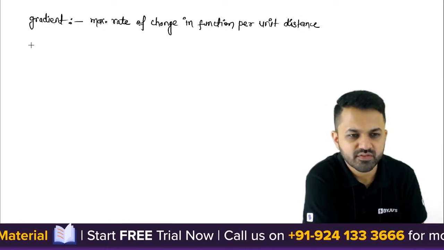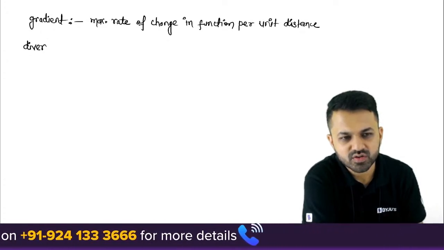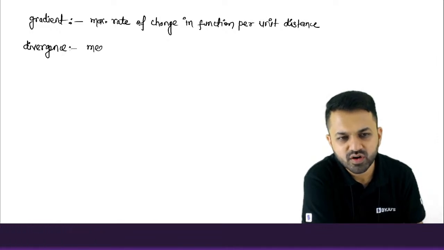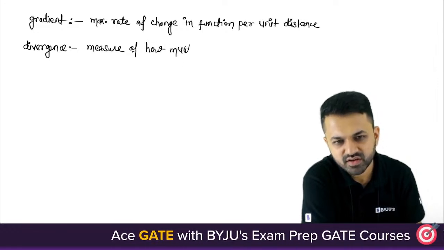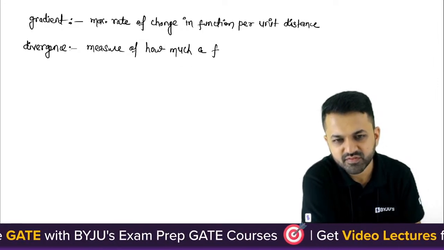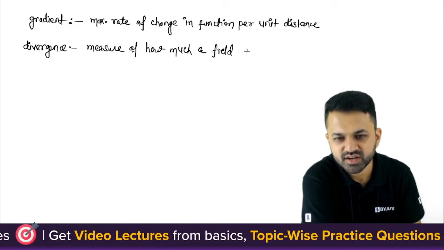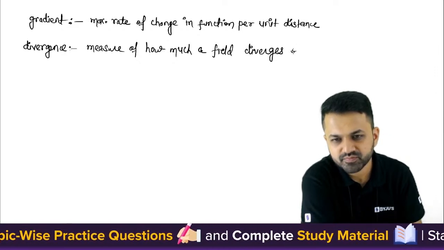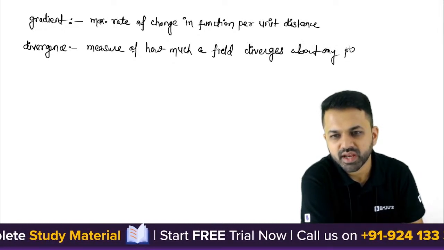And then you have the divergence. The divergence is nothing but a measure of how much a field, whether it is an electric field or a magnetic field, diverges about any point.